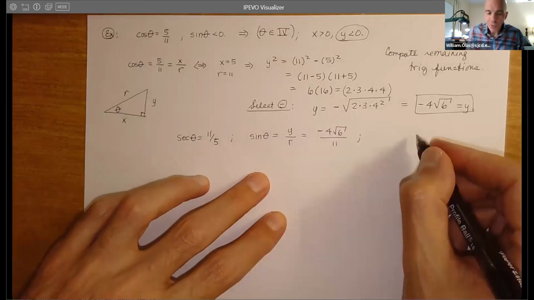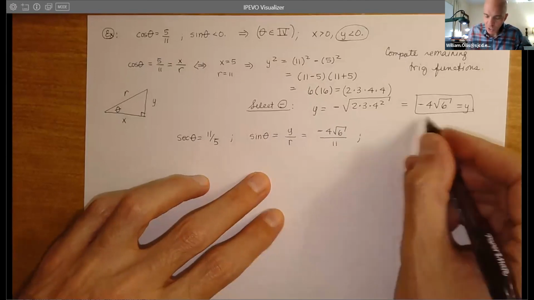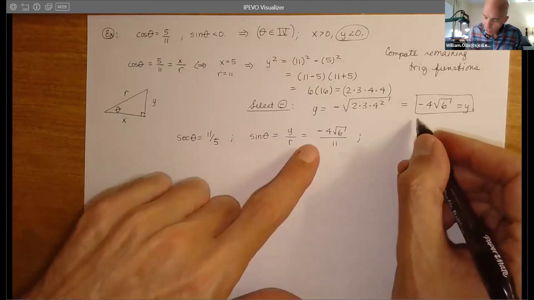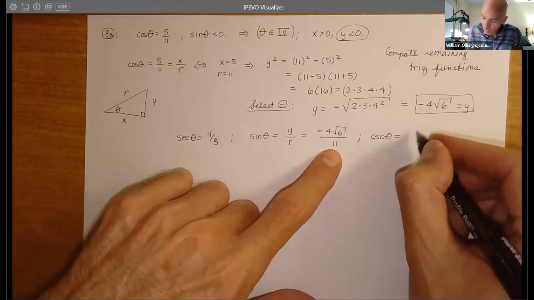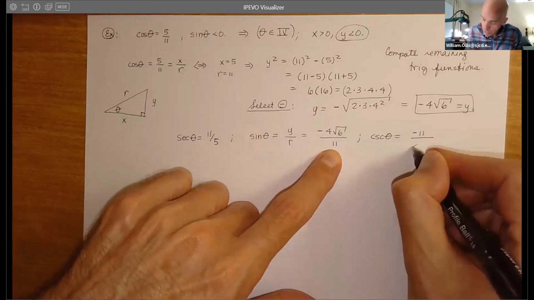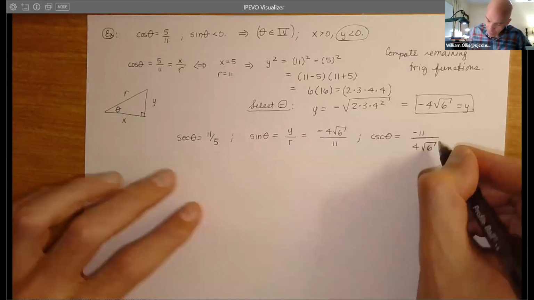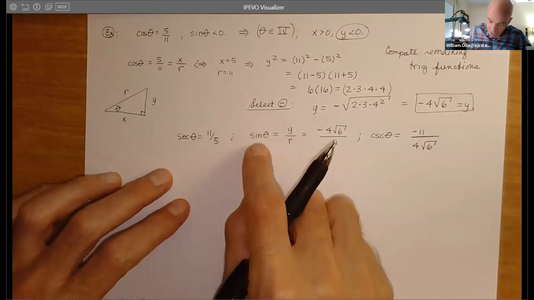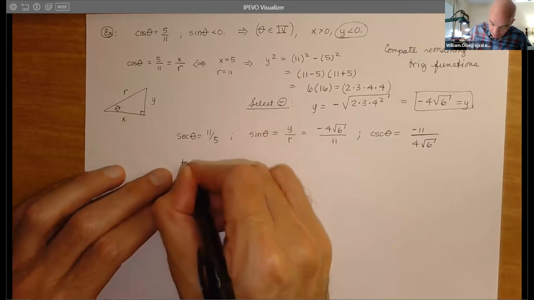So we're thinking in this particular case that we keep hinging on the reciprocal nature. So we'll cheat again. Cosecant theta will be the reciprocal of this. So that'll be -11 over 4 root 6. No need to rationalize. And so we got secant, sine, cosecant, and then tangent theta.